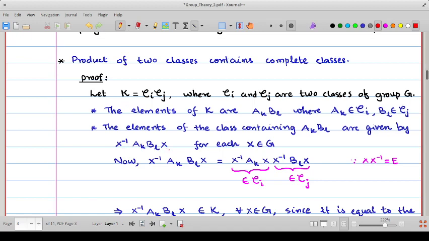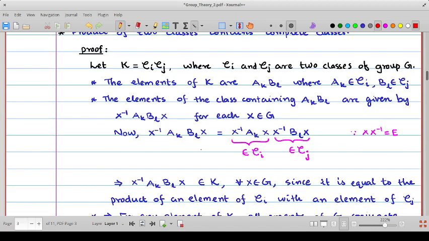Take X, which is an arbitrary element of the group G, and then construct the product X inverse times AKBLX. So these are the elements of the conjugacy class of AKBL. The set of all elements of this type form the conjugacy class of AKBL. So let us try to construct this.